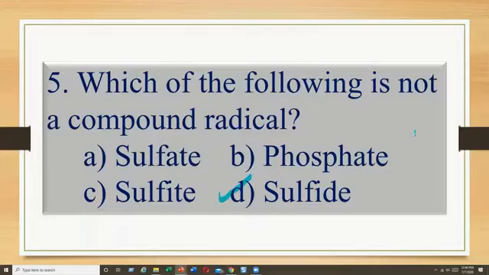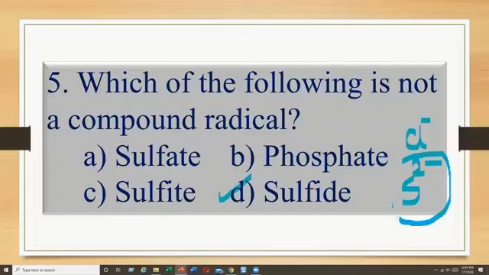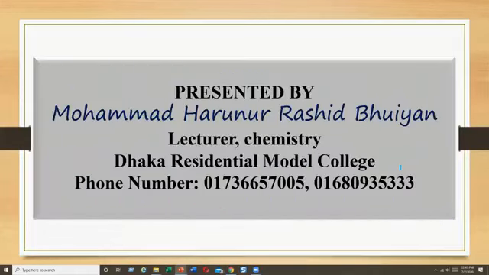For example, NaCl is sodium chloride, where chlorine, Cl minus, is called chloride. So when sulfur is S2 minus, it is called sulfide. Sulfide contains only the sulfur element, so it is an elementary radical, not a compound radical.